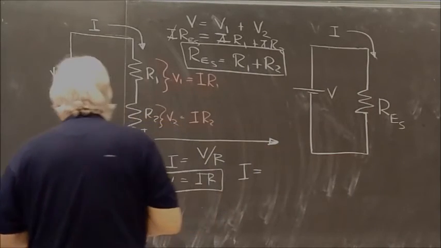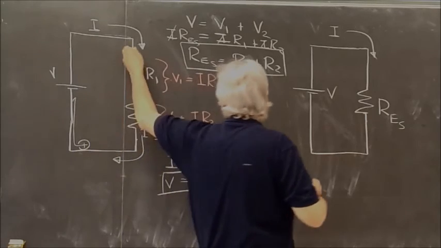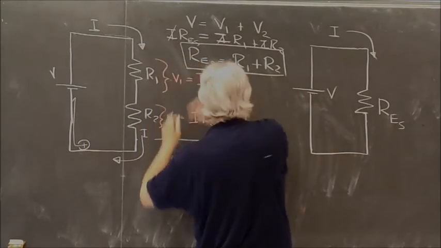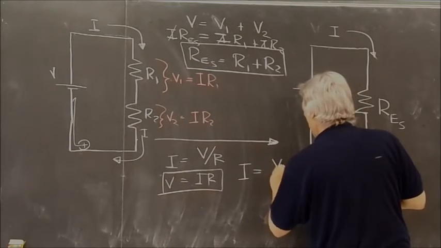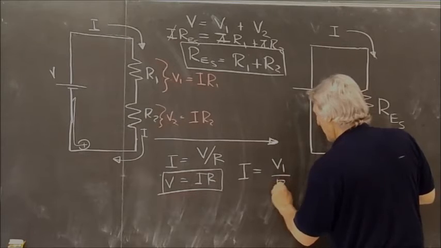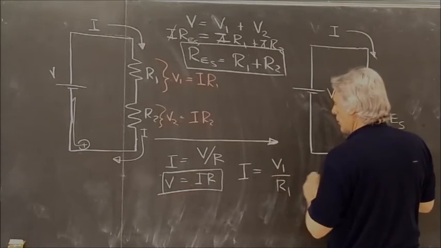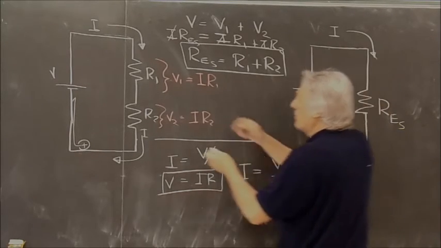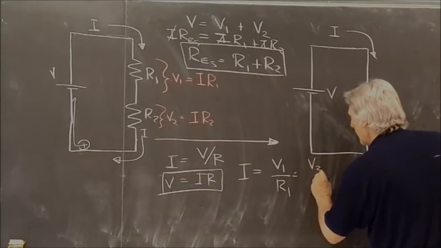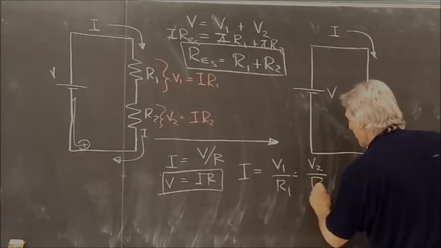Well, what is I equal to? We could calculate it using Ohm's law, and we would end up with V1 divided by R1. That would be the current. Well, that's also the same current that flows through here, which would be V2 over R2.